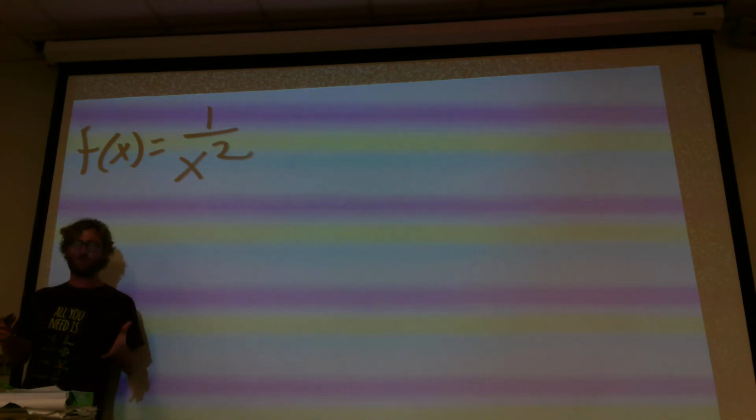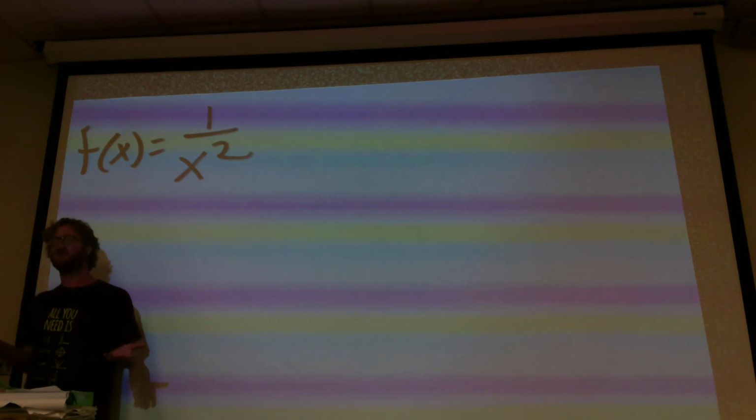Let's say f of x would equal 1 divided by x squared. Okay, so now since it's squaring this thing, if we're approaching from the left or approaching from the right, it's going to turn it to positive.